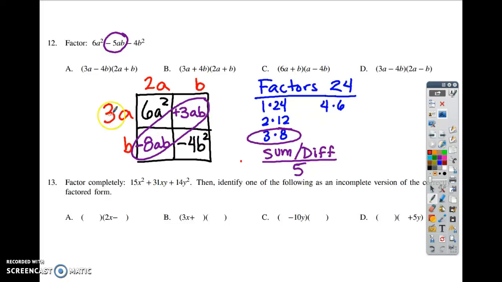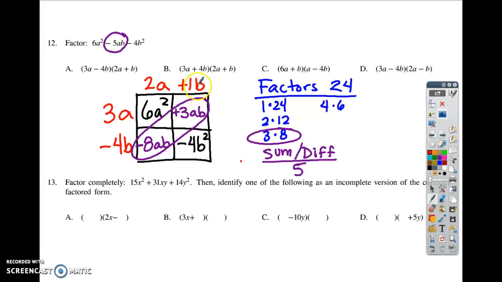Then you ask yourself, 3a times what gives you 3ab? That would be a positive 1b. And then 2a times what gives you a negative 8ab? 4, positive or negative? Negative, because this is a negative 8. Negative 8 divided by 2 is negative 4.